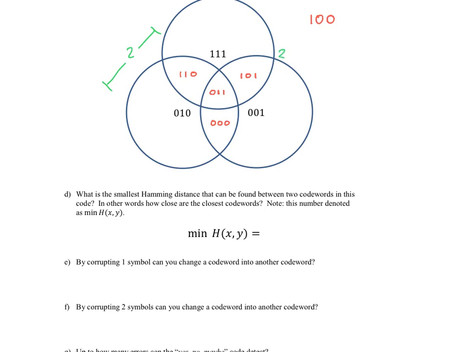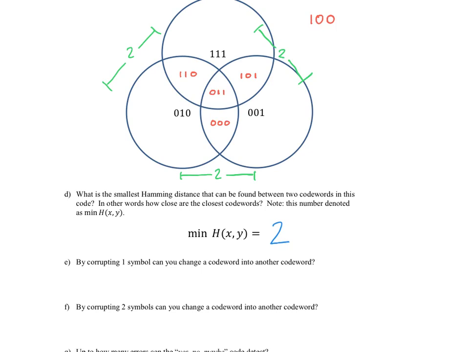And then the distance from the bottom 2 code words, the no and the maybe, that's also a distance of 2. So if we look at all 3 of those numbers and report the smallest one, that gives us the minimum Hamming distance. So in this case, the minimum Hamming distance is 2.